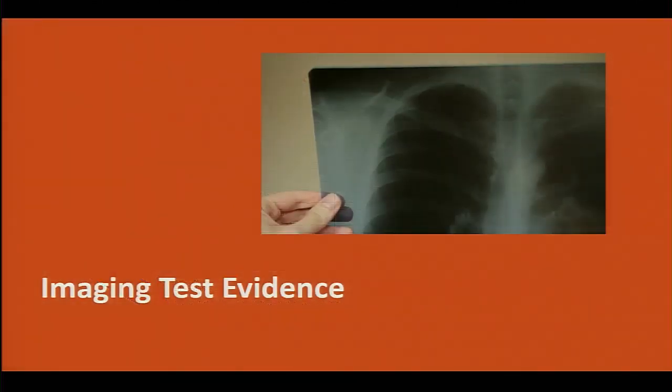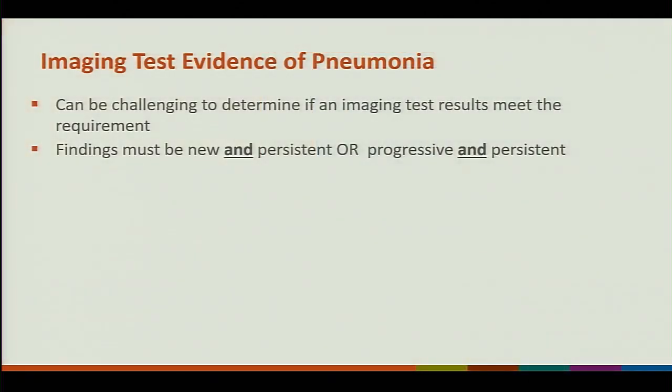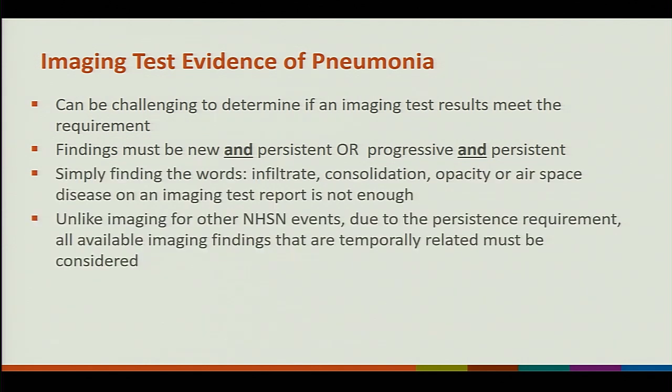Okay. All right, now let's talk about the favorite part of pneumonia, imaging test evidence, or not the favorite part of pneumonia. It is challenging. It's what makes this definition difficult. It's what made this definition be removed from use in the NICU location back in 2014. The findings must be new and persistent, or progressive and persistent. So unlike our other definitions where we have imaging test evidence used, you don't have that persistent requirement, but you do when you're conducting pneumonia surveillance.